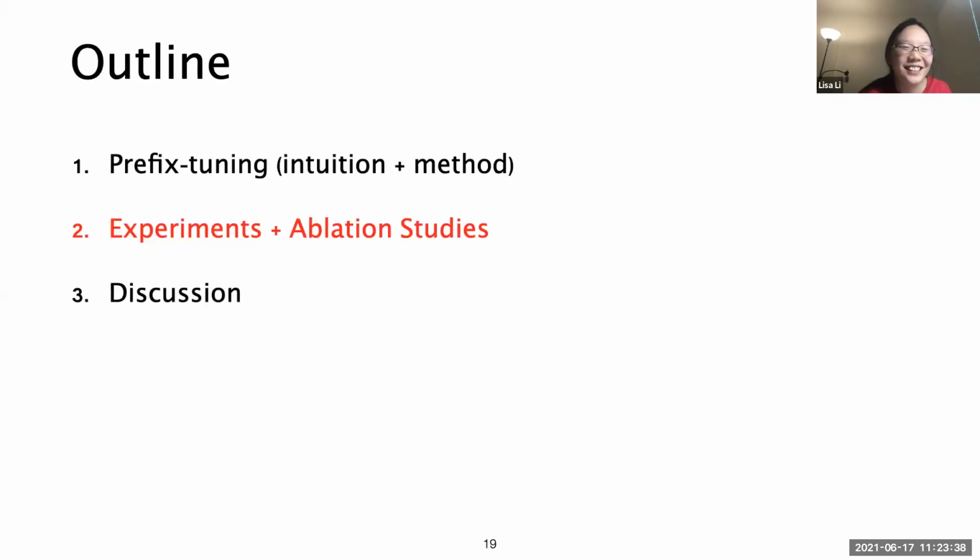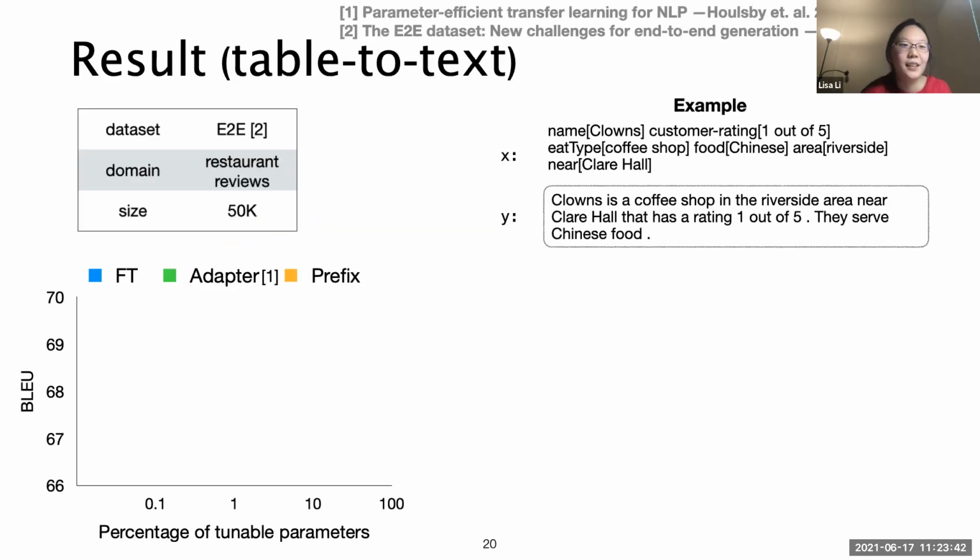So now let's move on to experiments and ablation studies. Here's an experiment on the E2E dataset, which is a table-to-text dataset on restaurant reviews. Here's one example drawn from it, with table fields like name, customer rating, area, and food type.